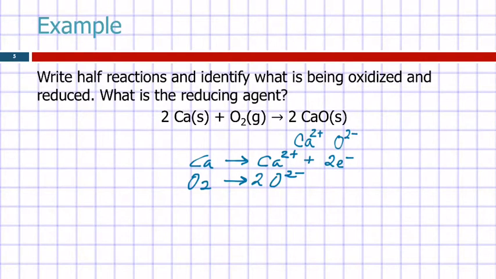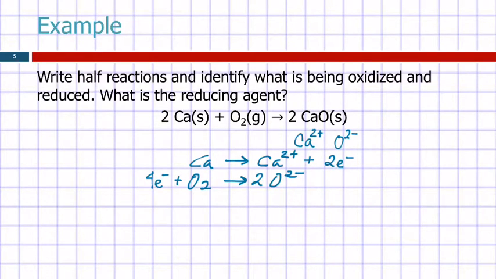So this is going to be 4 electrons plus that oxygen molecule is going to give me 2 oxide ions. We took the oxygen molecule and we broke the bond, we pulled them apart, and we stuck 2 electrons on each of the oxygens. And we made 2 oxide ions. Does that make sense?